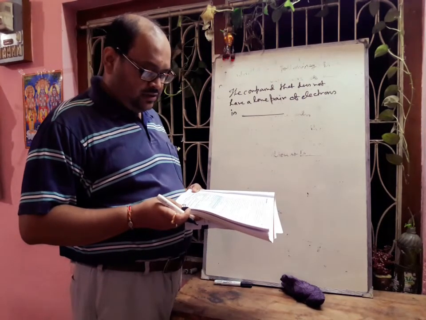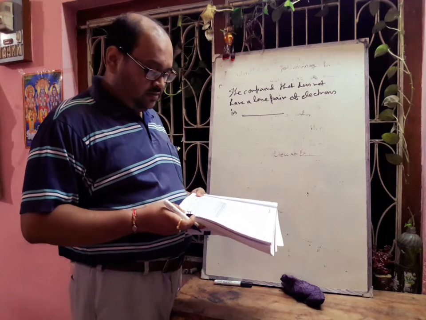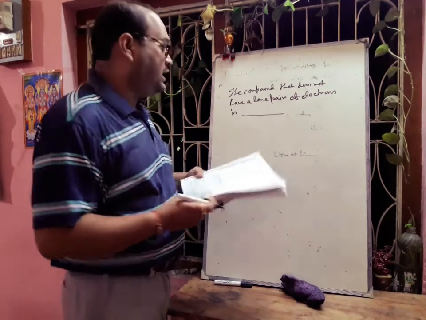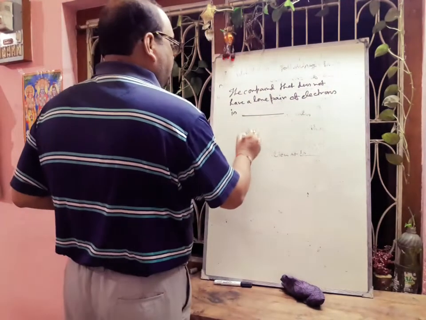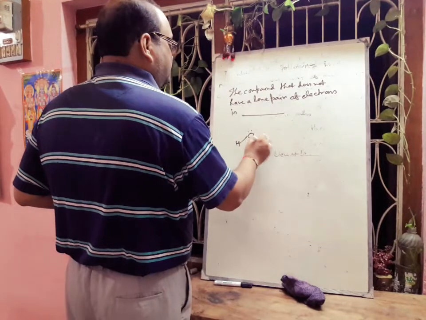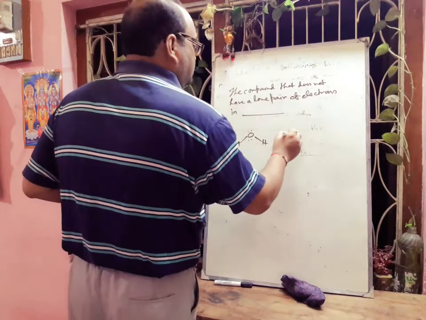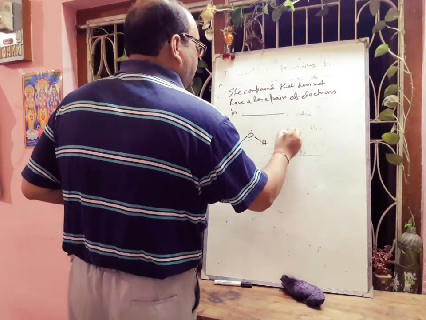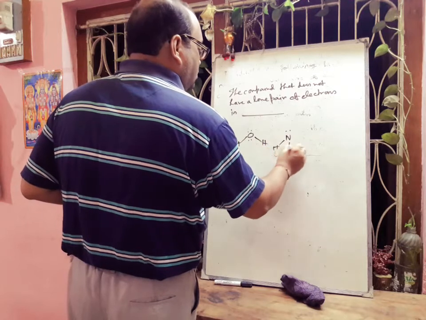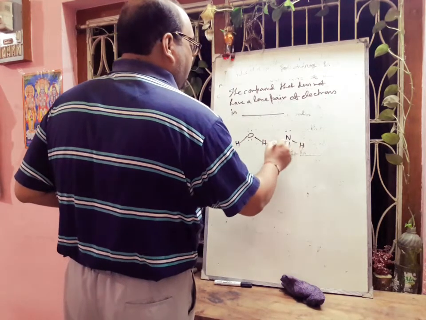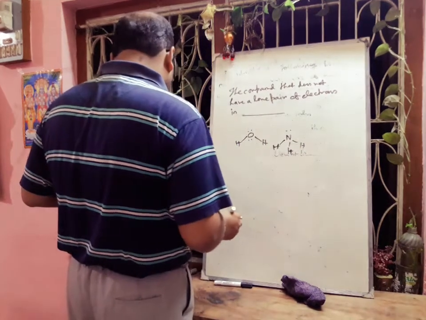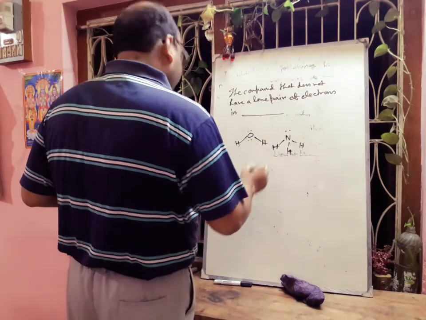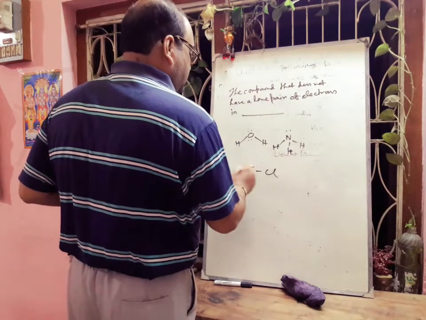Here the question is wrong because all have lone pair. Water has 2 lone pairs, and ammonia also contains 1 lone pair on the nitrogen atom, and the last one is carbon tetrachloride, CCl4.